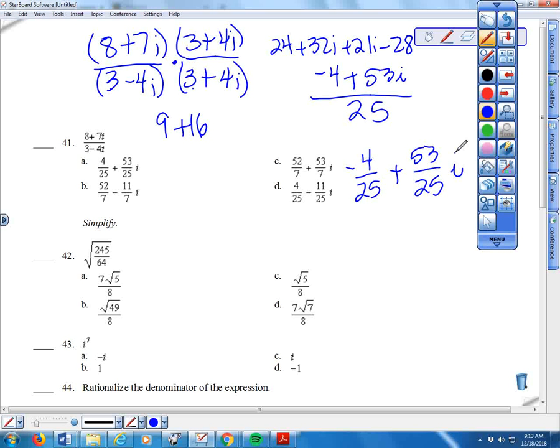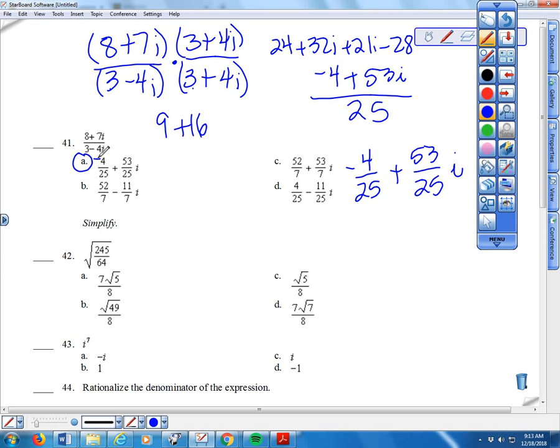I don't have any one of these with a negative. Why is that? I think I see your issue. Your top ones, there's no negatives.